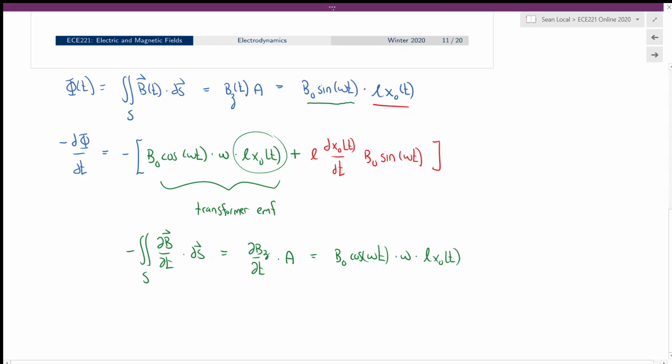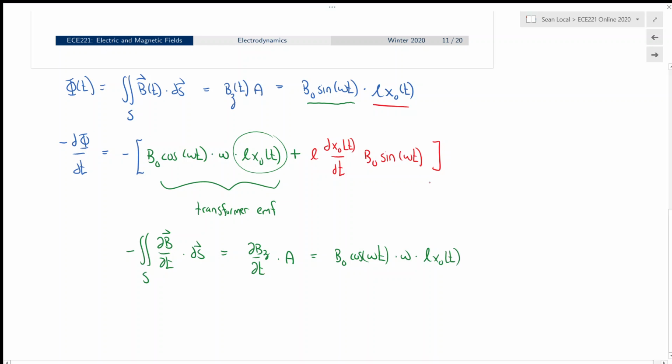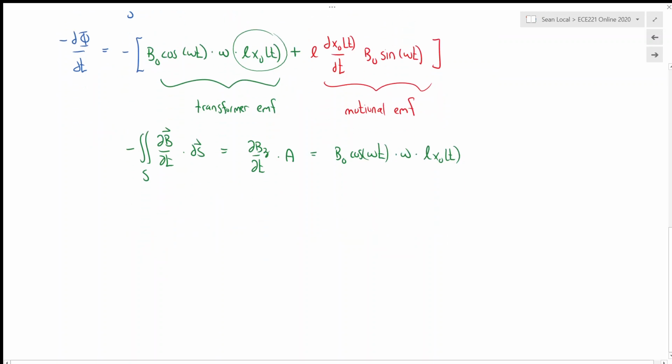That means that the second component here must be the motional EMF. To see that, let's apply our definition of motional EMF. We know that the EMF due to motion is the closed contour integral of u cross B dot dl.